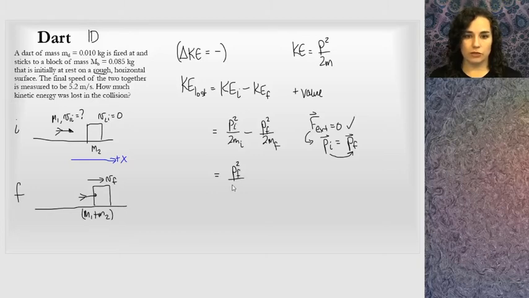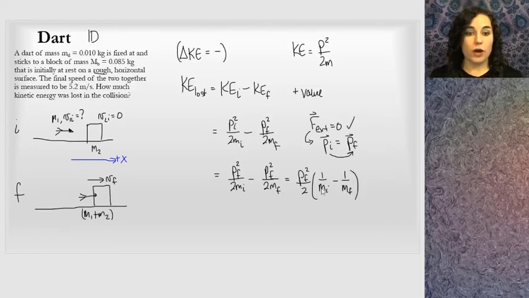So I'll put the final momentum in where I see the initial momentum. I have p final squared over 2m initial minus p final squared over 2m final. Remember, that's a final mass. And this doesn't equal 0 because there are different denominators here. I'm going to factor out the p final squared over 2 and show you that you have 1 over m initial minus 1 over m final.